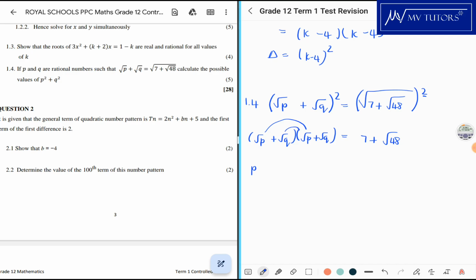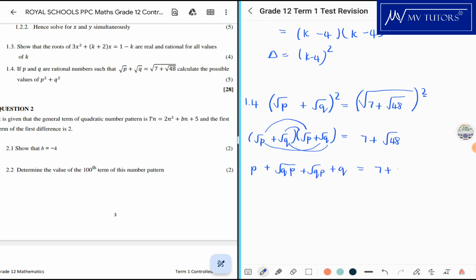And in the middle term, I have root q times root p, which is just root qp. And then I also have another root qp. Then here we are, root q times root q, which is simply q.